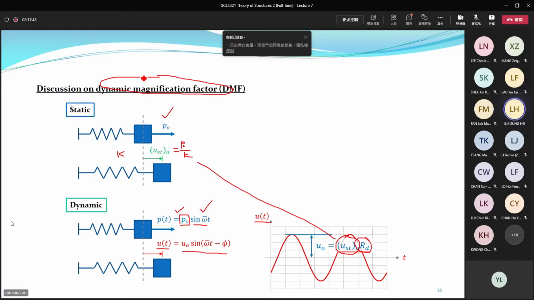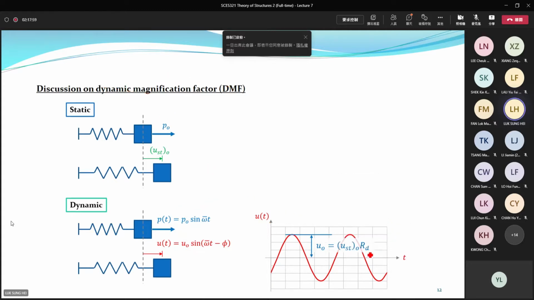It seems that in dynamic response, when the force starts to oscillate, it will change our displacement using this factor RD. It may be bigger, it may be smaller, depending on the value of RD. For example, if RD is equal to 2, then the dynamic displacement will be 2 times bigger than the static part. If RD is equal to 3, then the dynamic displacement will be 3 times bigger than the static value.